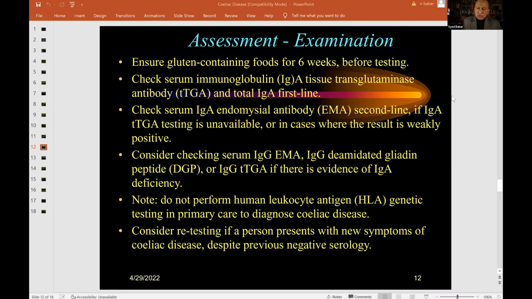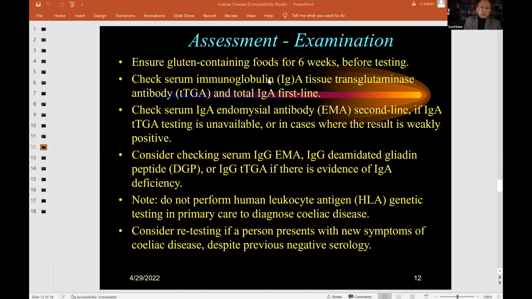In order to do specific serological tests for the diagnosis of celiac disease, the patient should have been consuming normal food which would be containing gluten for at least 6 weeks before one undertakes the specific serological tests. If the patient has been avoiding gluten, the test becomes less reliable.